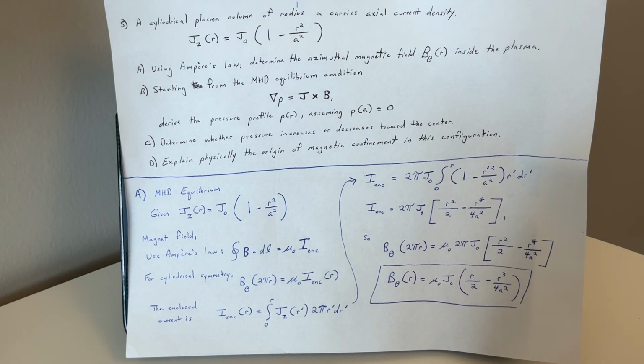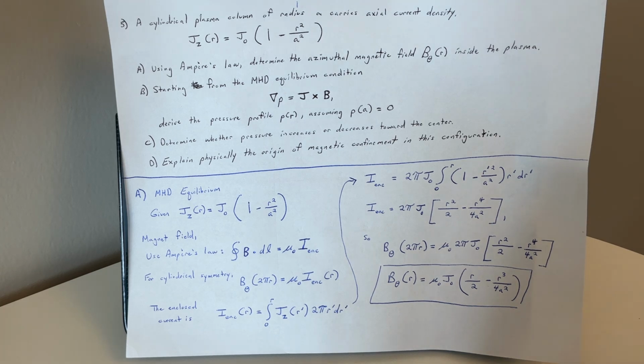I didn't write out all the steps for the integration algebra. We're going to wind up with B sub theta of r equal to mu naught J naught times the quantity r over 2 minus r cubed over 4a squared. That is our B sub theta of r.